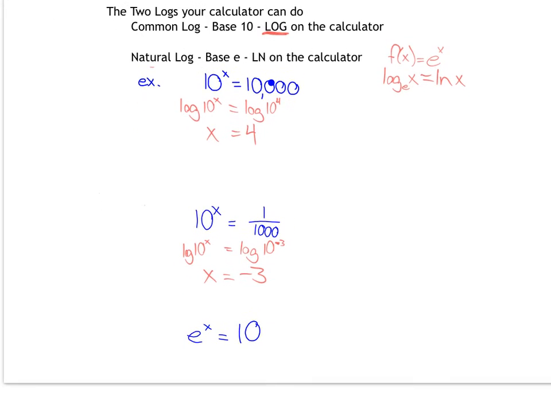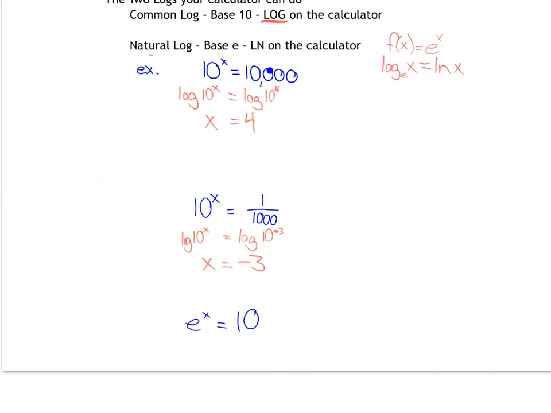And then finally, we also have the exponential function. This one we're not going to be able to figure out in our heads, but notice we have a base of e, so I need to take the log with a base of e in order to get x by itself. So of course I need to take the natural log of the right hand side.